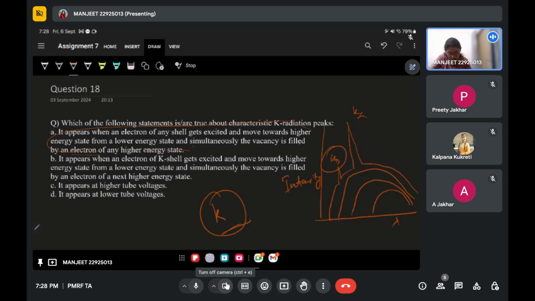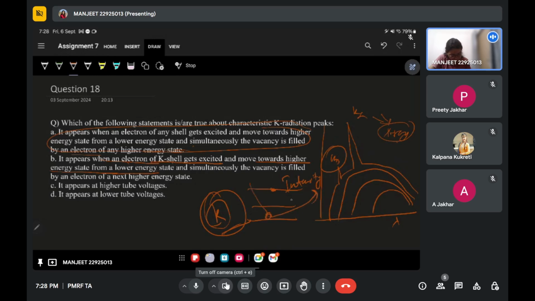No, this is not right for the K radiation, because the K radiation is one of the types of X-ray radiation that we are getting, and it appears when an electron of the K shell gets excited.